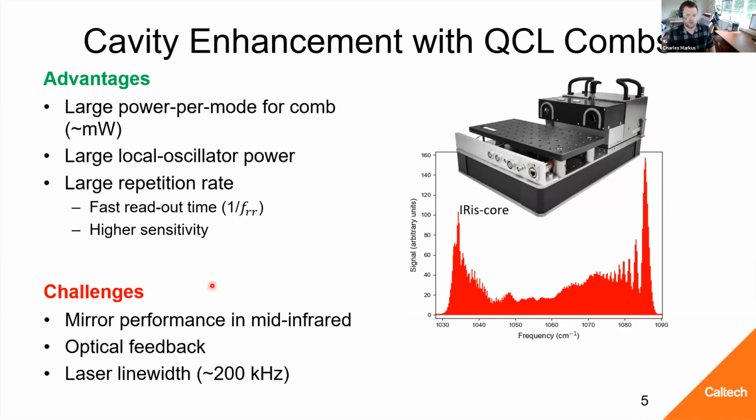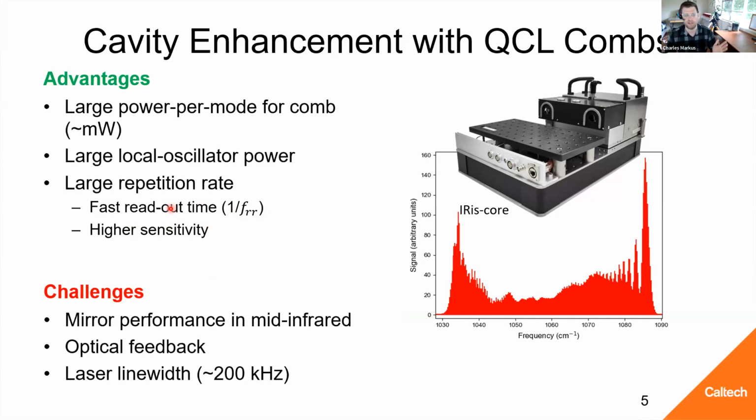Also the large repetition rate has the benefit of very fast readout times, which is good, for example, with kinetics experiments, when you're able to read out on a microsecond time scale, as well as giving you higher sensitivity in your multi-heterodyne signal.